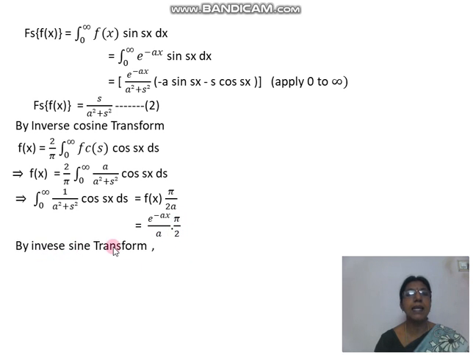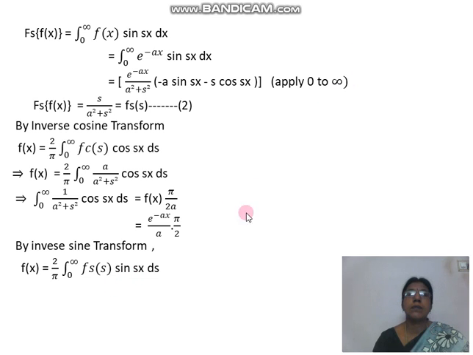Similarly, by the inverse sine transform, f of x is equal to 2 by pi integral 0 to infinity FS sin sx dx. What is the Fourier sine transform of f of x? s by s square plus a square. Substitute here. Now you get f of x is equal to 2 by pi integral 0 to infinity s by a square plus s square sin sx dx.